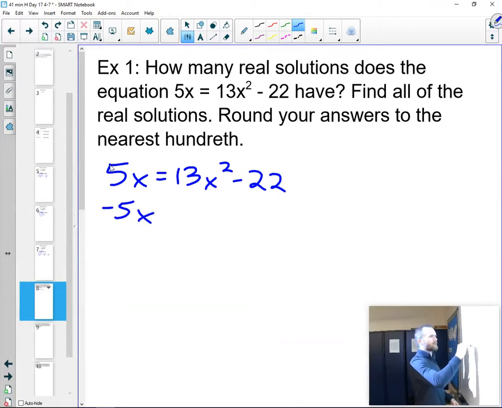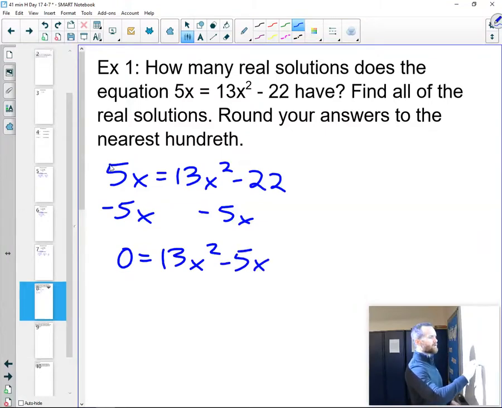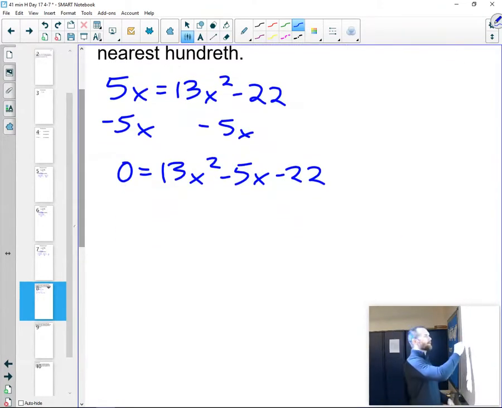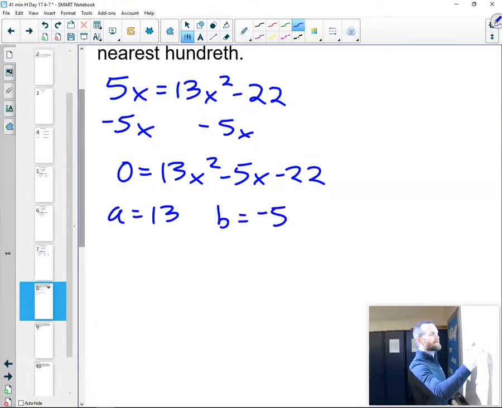We need a 0, so let's subtract 5x from both sides. We get 0 equals 13x squared minus 5x minus 22, making sure this is standard form: x squared, x to the first, and then our constant last. And now we can go straight to the quadratic formula. We know a equals 13, b equals negative 5, and c equals negative 22.